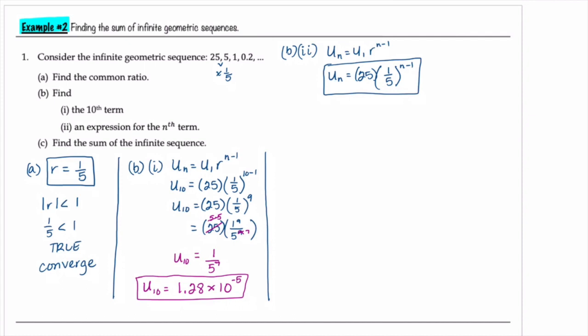For part C, we want to find the sum of the infinite sequence. So I know I can find the sum because I know this will converge. So the sum of the infinite sequence using our given formula, plugging in everything we know and simplifying.